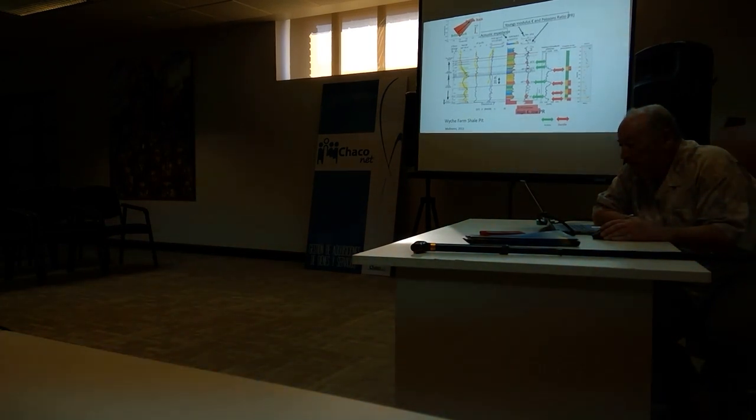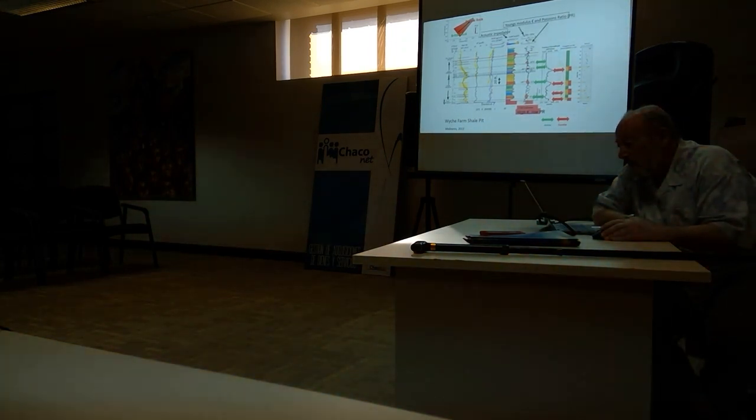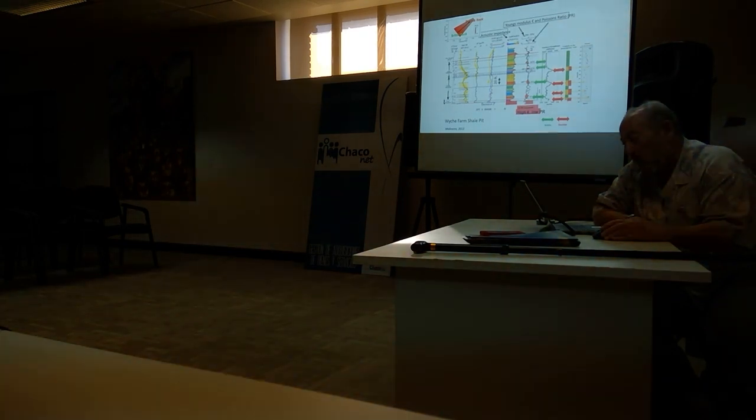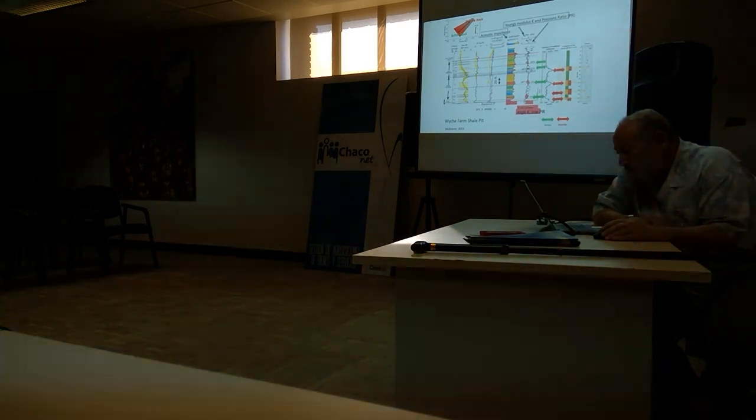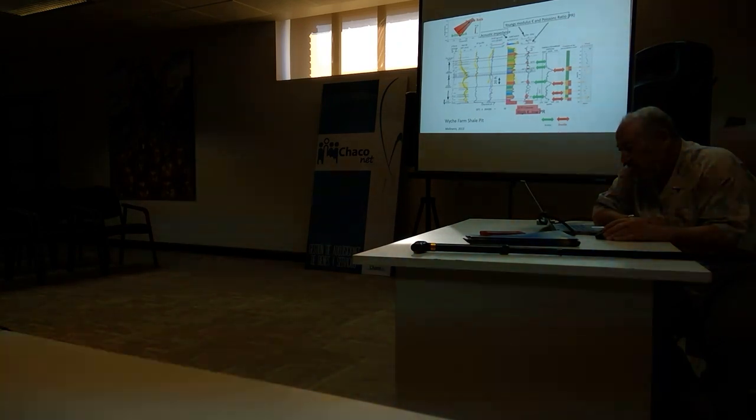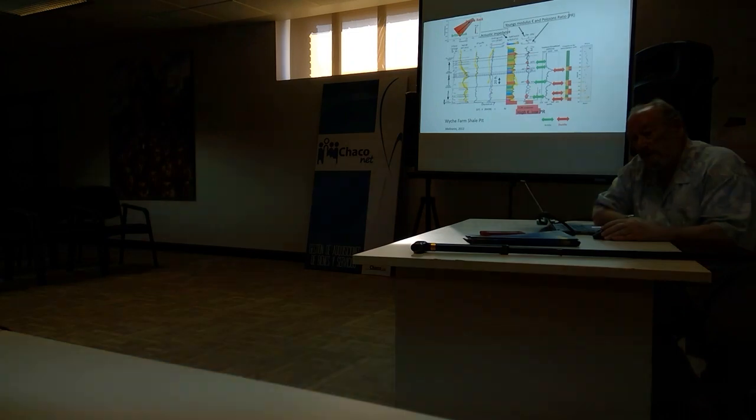And we took the sonic and the density and multiplied them so we could get an acoustic impedance log. Acoustic impedance is the product of density times velocity. So here was an acoustic impedance log that we developed from the sonic and the density log.